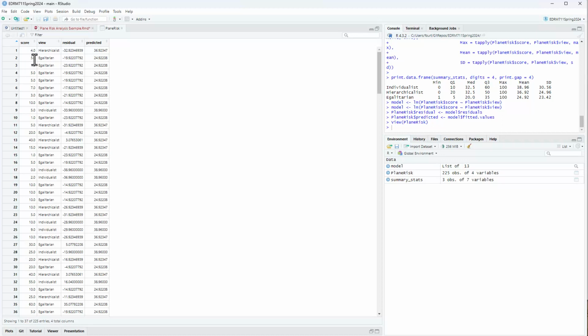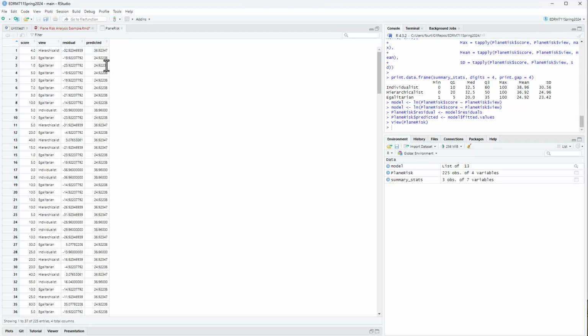Notice the next person down, a score of 5.0. The predicted value for that person was about 25, and so they were about 20 less than what we predicted. The next one had a score of 1.0, also an egalitarian, just like the second person.